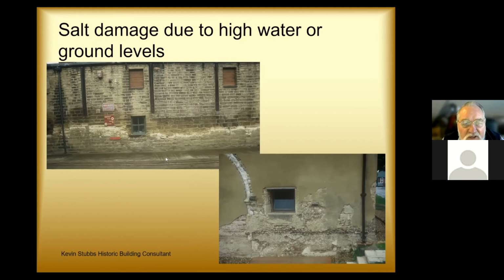Ground salts, again, can be a blight, usually caused by a high water table or high water levels or flooding. And you get this problem at what I call the tidal zone, between areas that are continuously damp and areas that are dry.